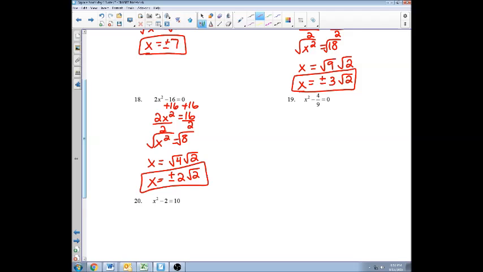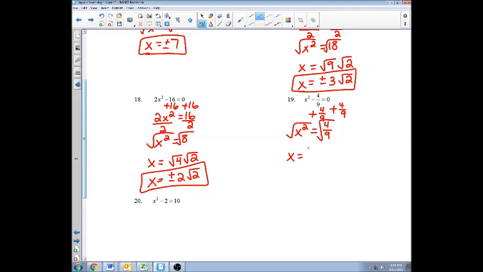All right. On to number 19. The first step here would be to add 4 over 9 to both sides. That would leave me with x squared is equal to 4 over 9. I'm going to take the square root of x squared, which is the square root of that whole fraction.